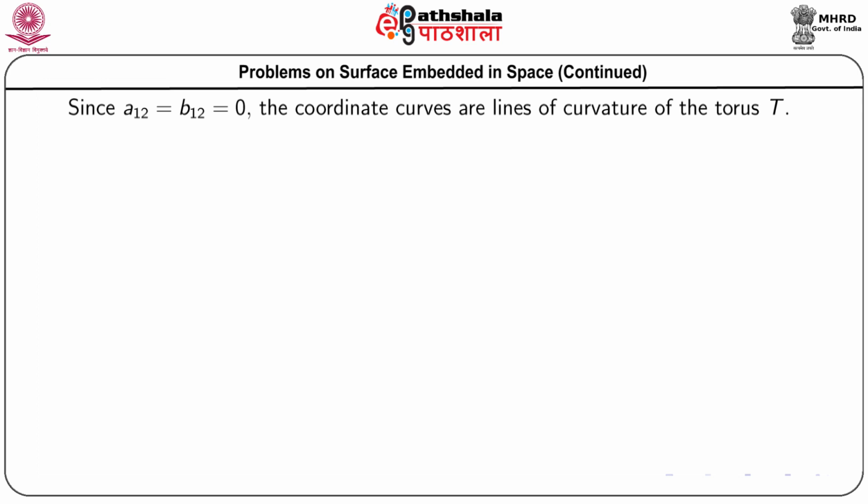Now, since A12 equals B12 equals 0, the coordinate curves or the parametric curves are the lines of curvature of the torus.